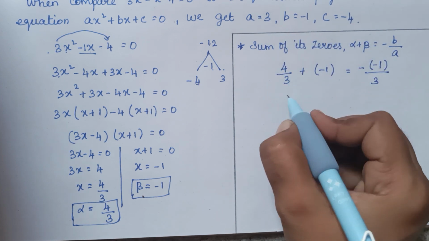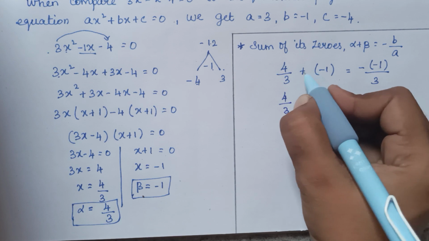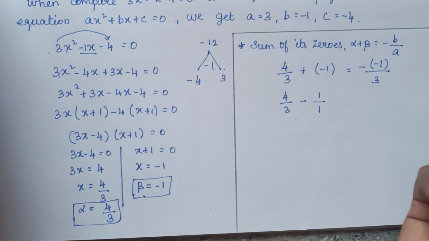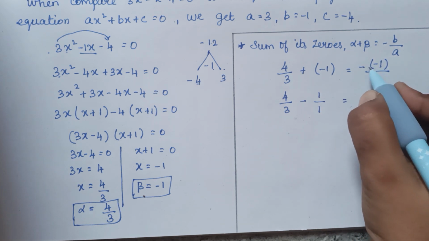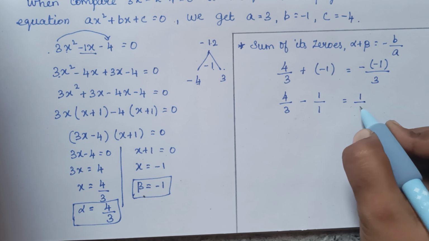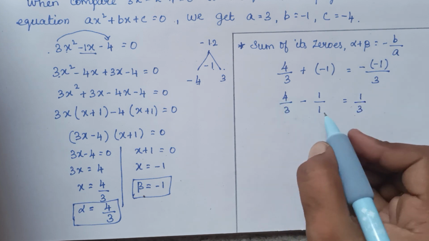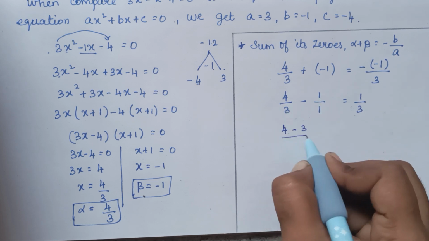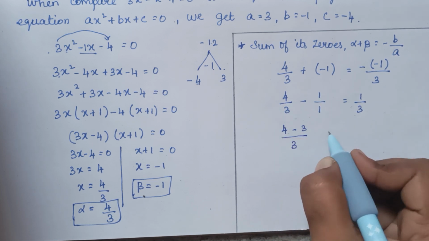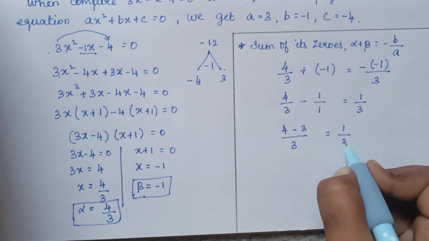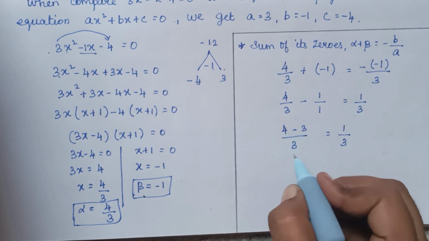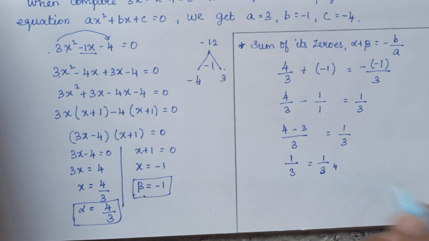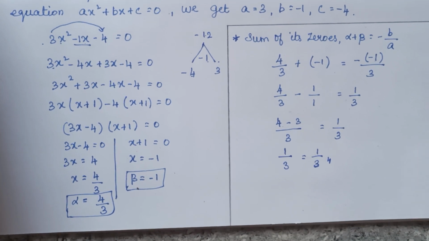Now 4 by 3 plus into minus is minus 1. So if nothing is there, we can mention 1 as a denominator, is equal to minus into minus is plus 1 by 3. So now just cross multiply it. 4 1 is 4, minus 3 1 is 3, divided by 3 1 is 3. Okay. So 1 by 3. Next 4 minus 3 is equal to 1 divided by 3 is equal to 1 by 3. So the sum of its zeros, both sides are equal.